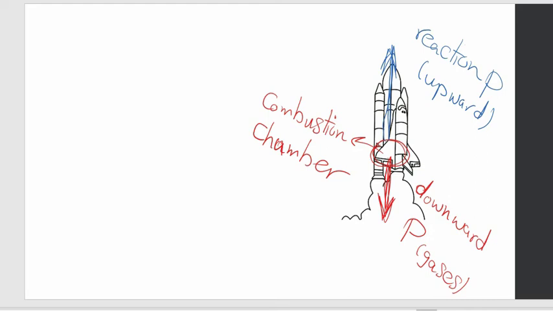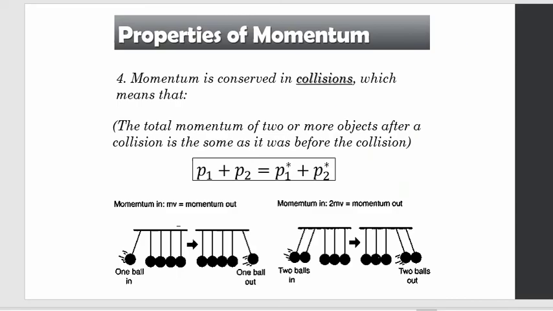And speaking of the conservation of momentum, we also need to realize that momentum is also conserved in collisions. When two objects collide with each other, the total momentum of the two objects before the collision will be exactly equal to the total momentum of the two objects after the collision.